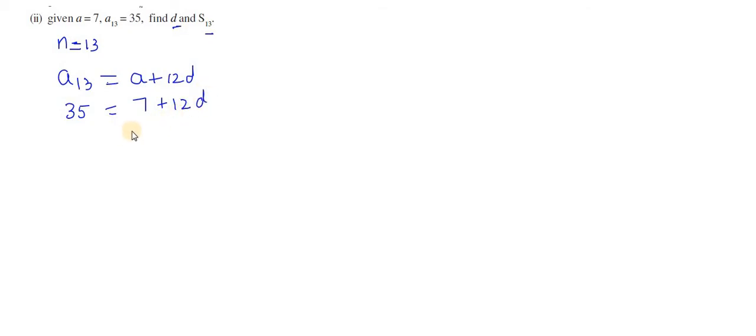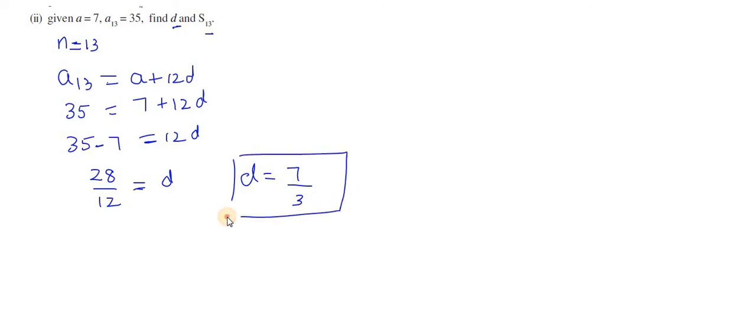We don't know what d is. So we can write 35 minus 7 is equals to 12d. 35 minus 7 is nothing but 28. So 28 divided by 12 is equals to d. If we divide that, what will you get? The d value is 7 by 3.